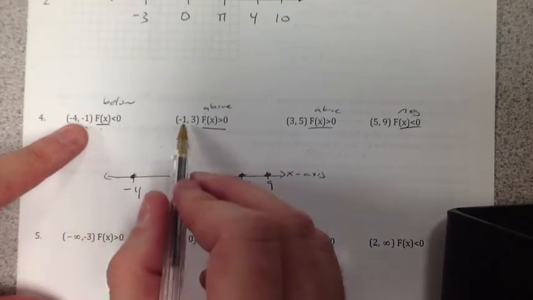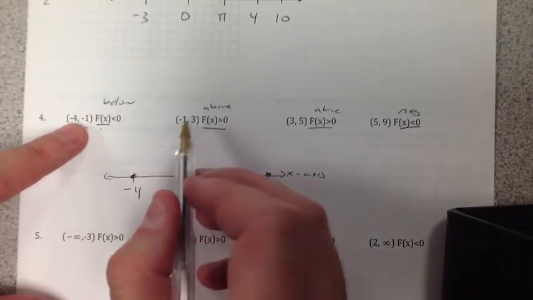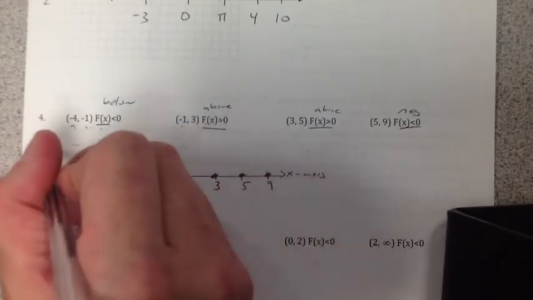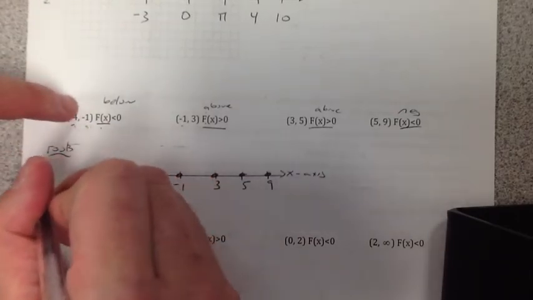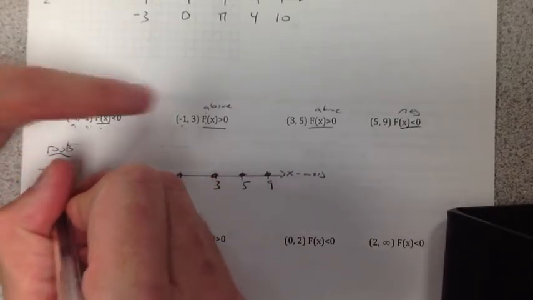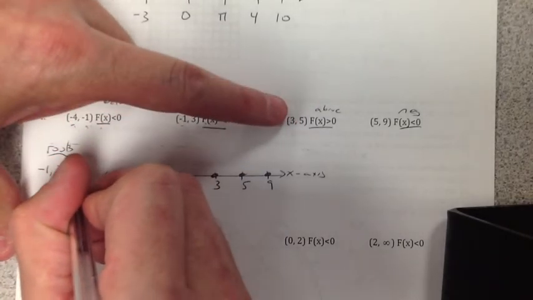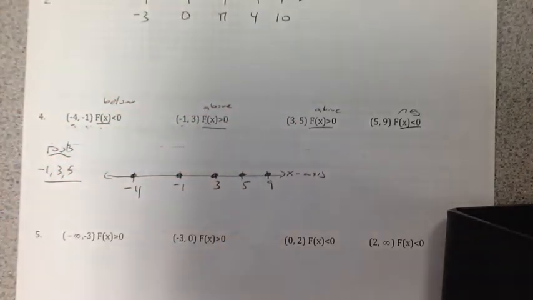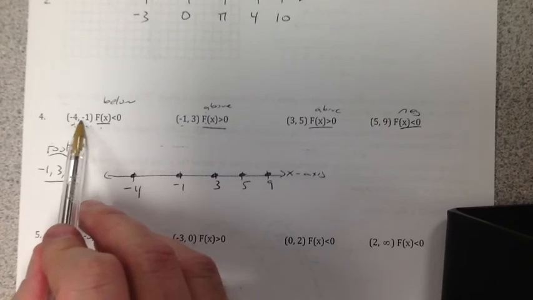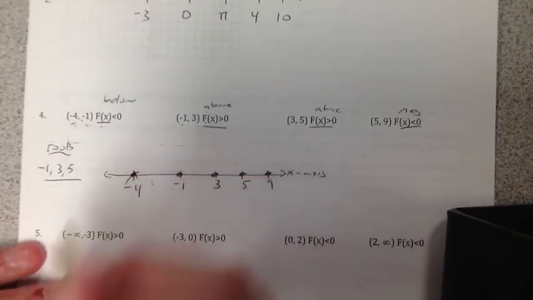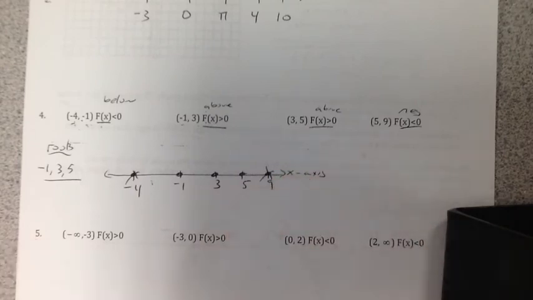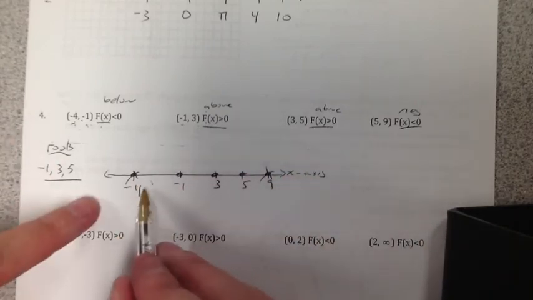At -1, it's where it crosses 0. So we can actually get the roots from here: -1, 3, 5, and that's really all that we know are roots. -4 does not have to be a root, but you can treat it as a root. So we shouldn't do 9 and -4 as roots. But here's what we do know.